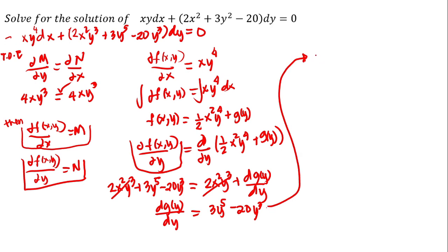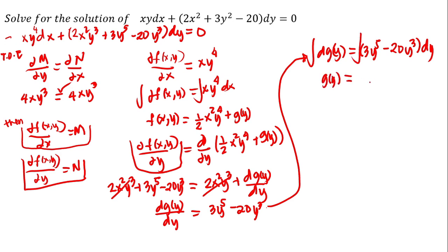So we cross multiply dy, and this one becomes d of g of y equals 3y to the 5 minus 20y cubed dy. So we can now integrate both sides. We have g of y equals the integral of 3y to the 5, which is 1/2 y to the 6, minus the integral of 20y cubed dy, which is 5y to the 4th.